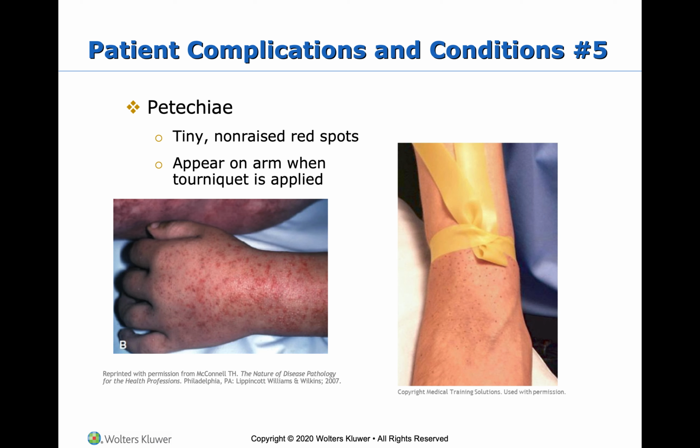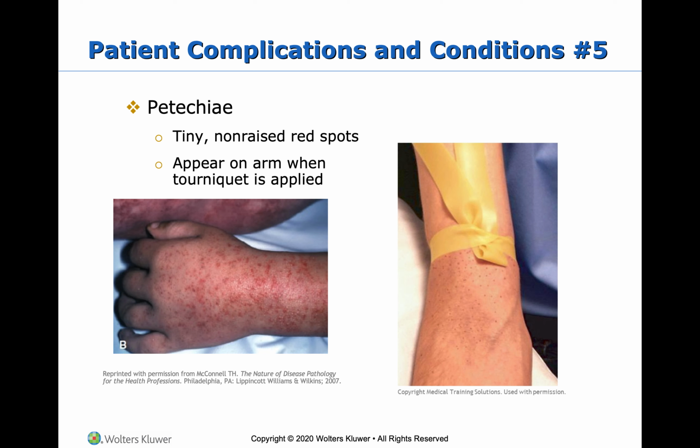Okay, petechiae. I've never witnessed this myself, but basically these are tiny, non-raised red spots, and they only appear on the arm when a tourniquet's applied. This is not an indication that you're doing anything wrong. This is pretty much a condition that the patient has, or it might be familial.